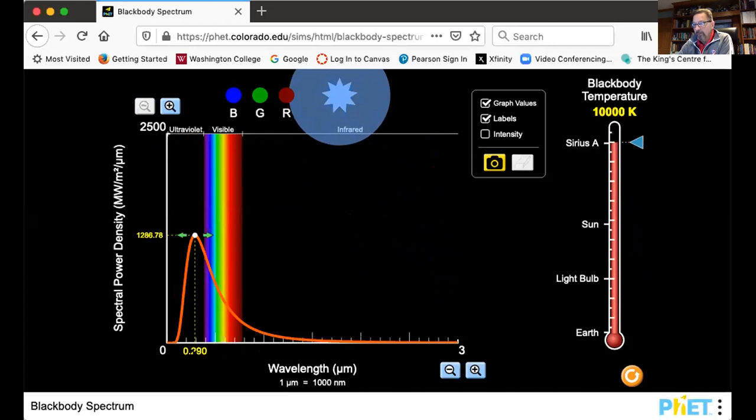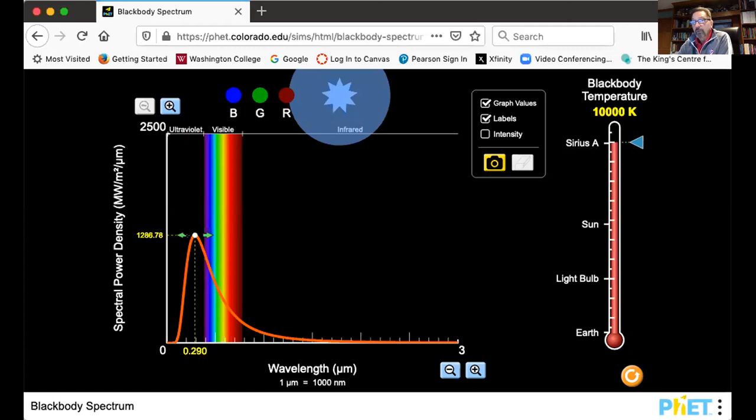And the wavelength has moved into the ultraviolet region. It's about 290 nanometers, and so obviously we don't see most of that. We can still see some of the visible light from a star, because some of the radiation from the star is in our optical band that we call visible light, but the peak is in the ultraviolet.